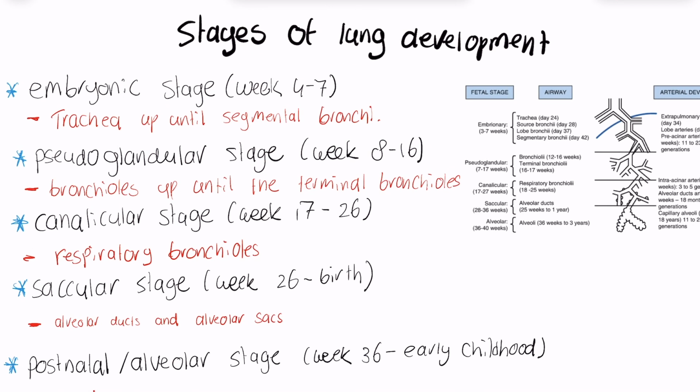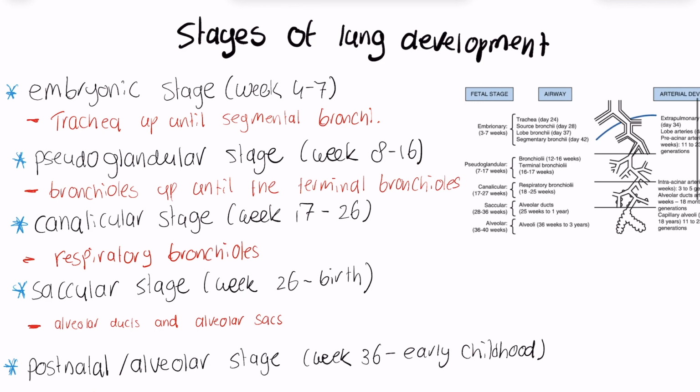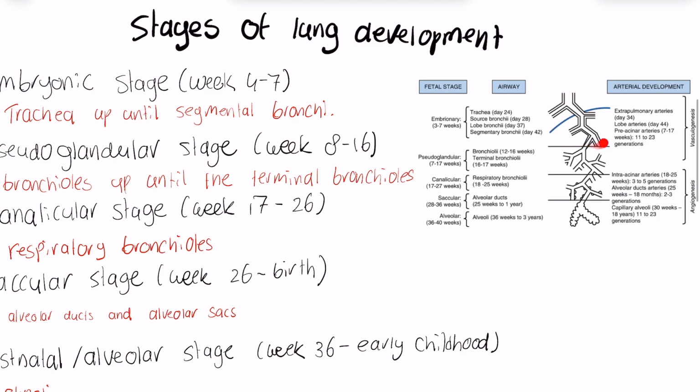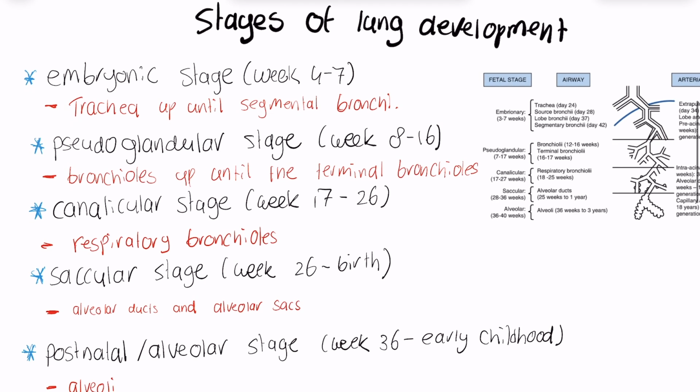And what happens here is that quite a lot is made already. Everything from the trachea up until the segmental bronchi or the tertiary bronchi is made, and so this includes the trachea, the primary bronchi, the secondary bronchi, and the tertiary bronchi, as you can see here in the field stage. So there's quite a lot that's being made in the first few weeks.